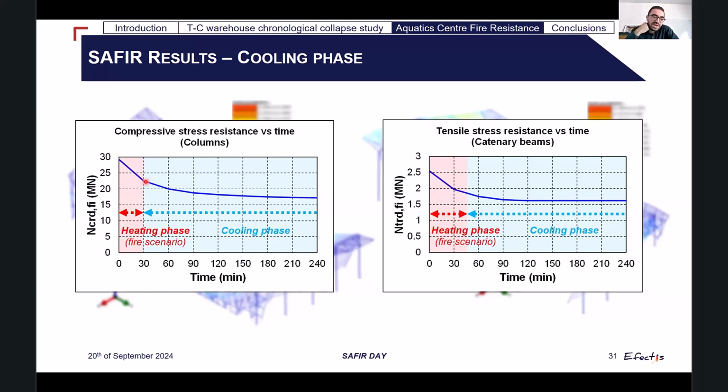And here with this blue curve, we try to find the time at which we get a horizontal asymptote, just to see that, okay, here it happens at, let's say, 240 minutes, so 4 hours of fire, and after that, we can expect that nothing more will happen. So our simulations are on the safe side, but not too much.